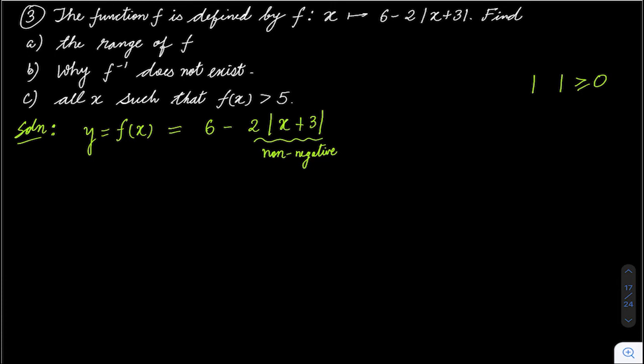So the maximum value that y can have is 6 when this modulus is 0. And apart from that, it will always subtract something from 6. So we can say that just by observation. Obviously, there are other methods also. So we can say that my y value is always less than or equal to 6.